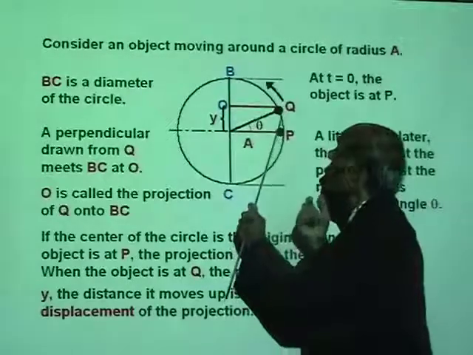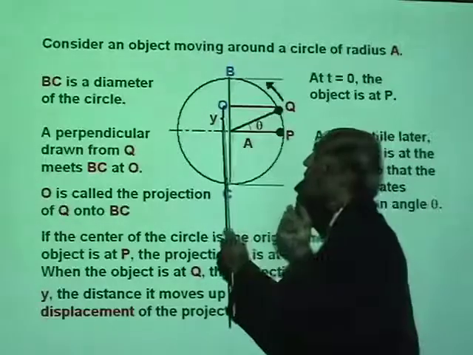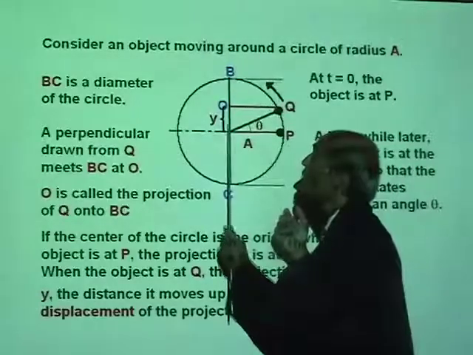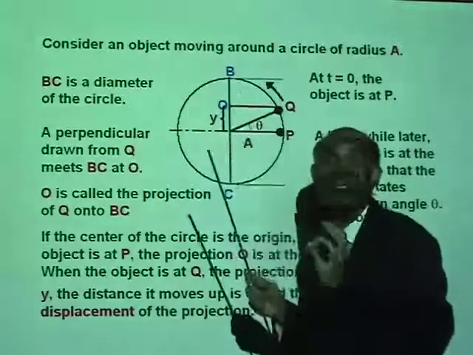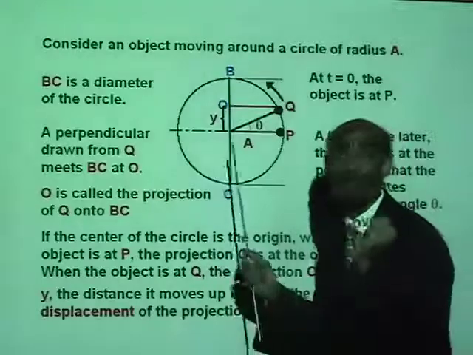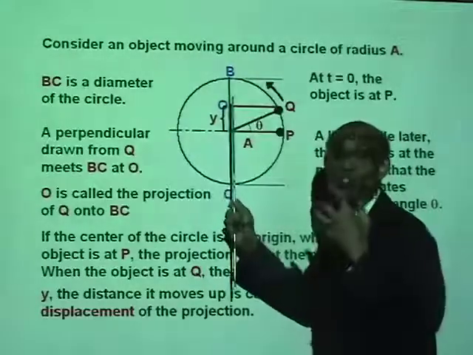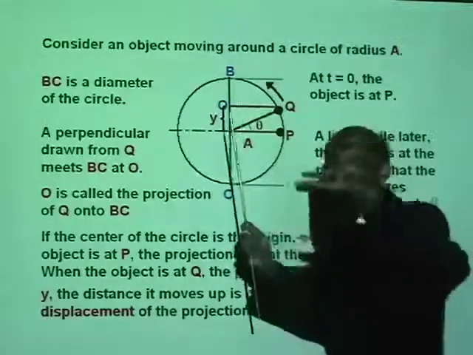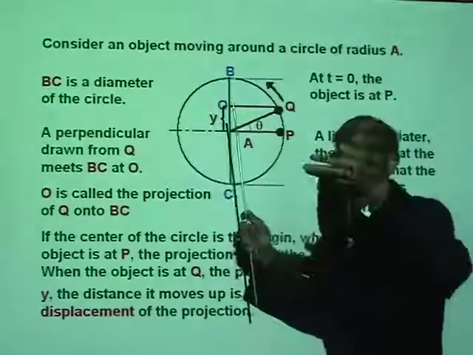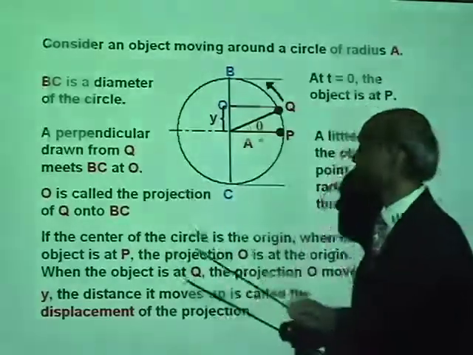When the object is at Q, the projection is at O. That means the projection has moved up through a distance y, and we call that the displacement. The movement of this point O is going to be exactly the same as the movement of the loaded spring. This is what I'm aiming at.